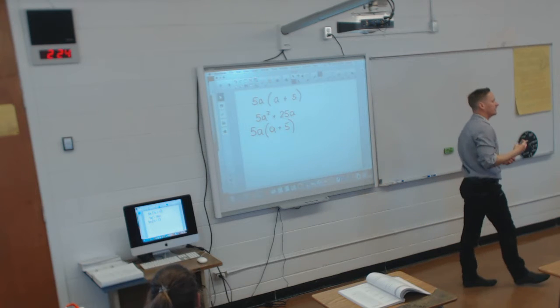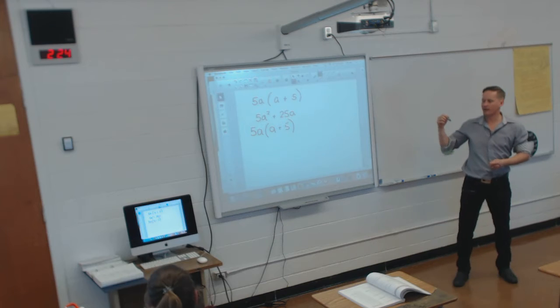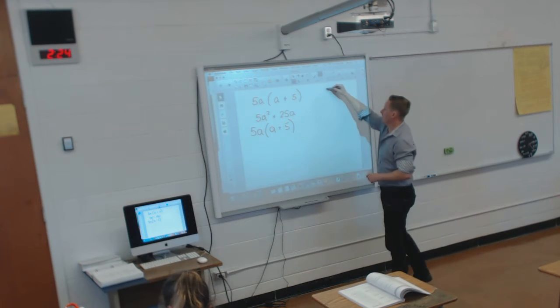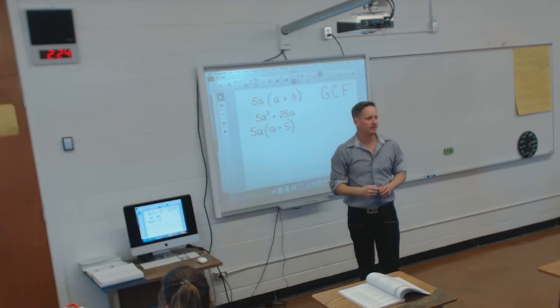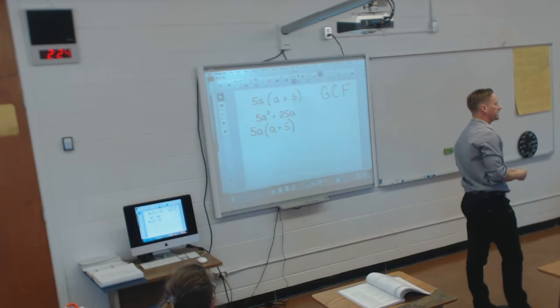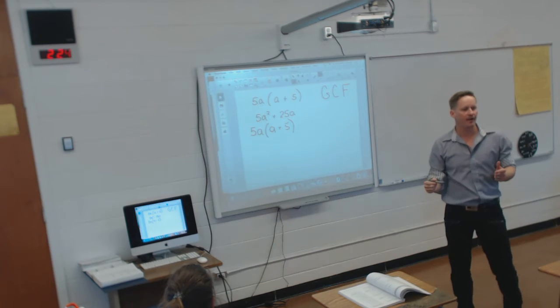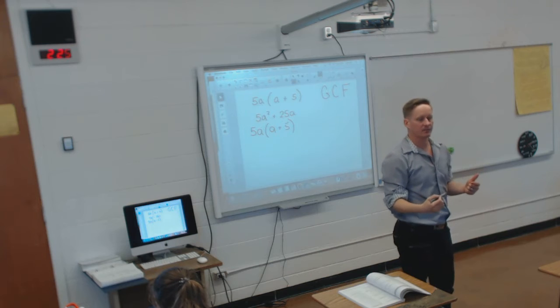This is a skill that we always want to look at and say, okay, if I have to factor something, the first thing that I always want to do is find the greatest common factor. And you're going to hear me repeat this over and over again as we go for the next couple of years. When you're looking at something and you're looking as to how to factor it, I'm going to say to you, what's the very first thing that you do when it comes to factoring?